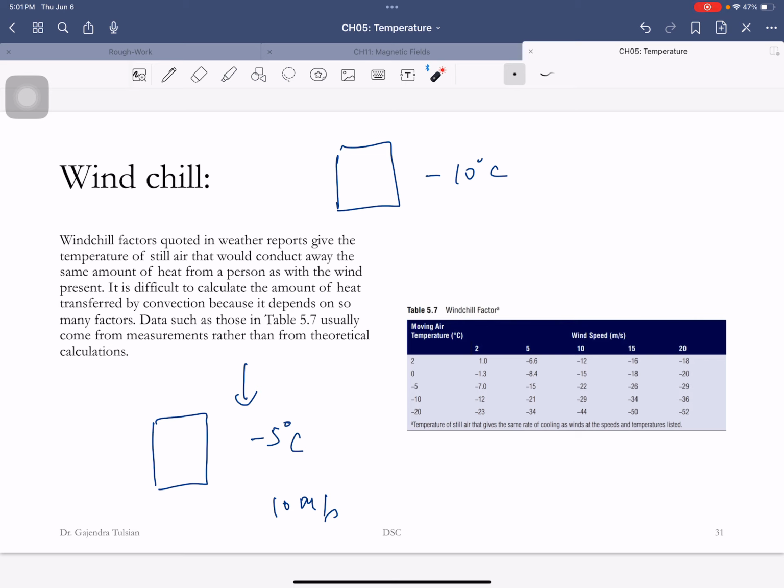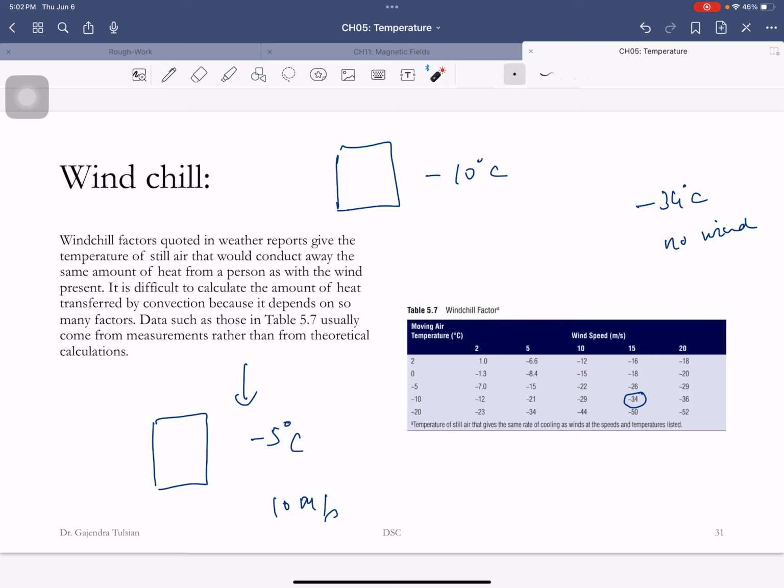Here's how you read this table, which is the wind chill factor. If the outside air temperature is minus 10 degrees Celsius and the wind is blowing at 15 meters per second, it will feel like minus 34 degrees Celsius with no wind.